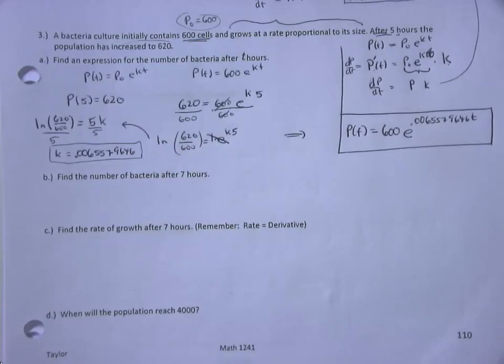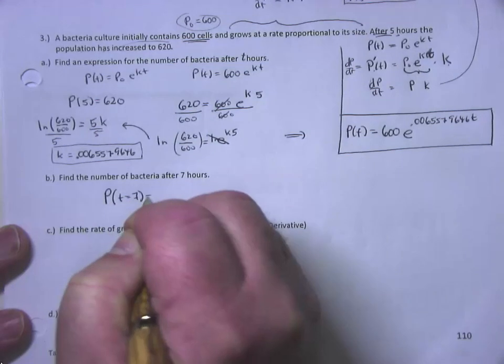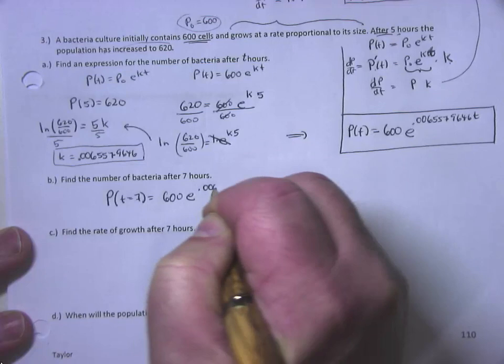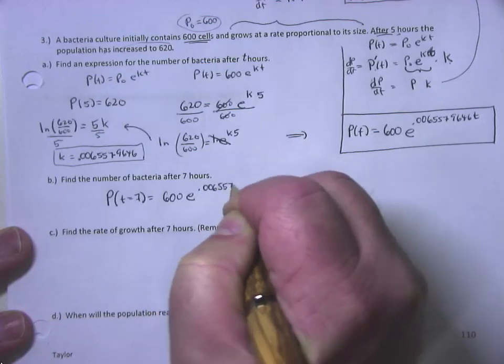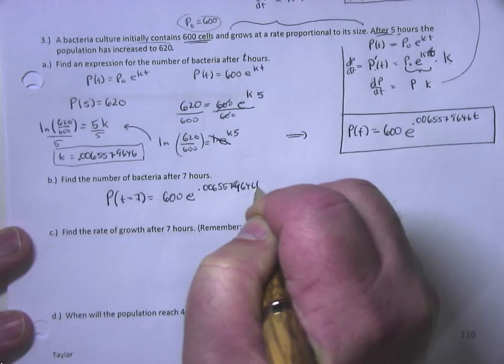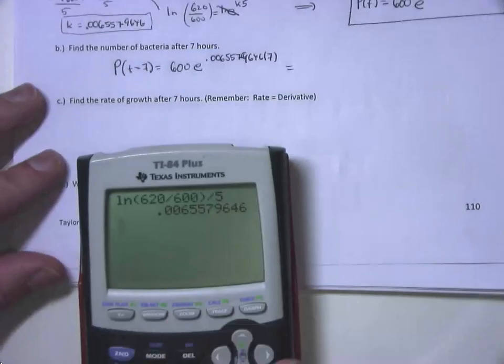So, part B. Find the number of bacteria after 7 hours. What you going to do? Plug in 7. So P of t equals 7 is equal to 600 e to the 0.00655799646 times 7. And I'm going to just stick this on the calculator.